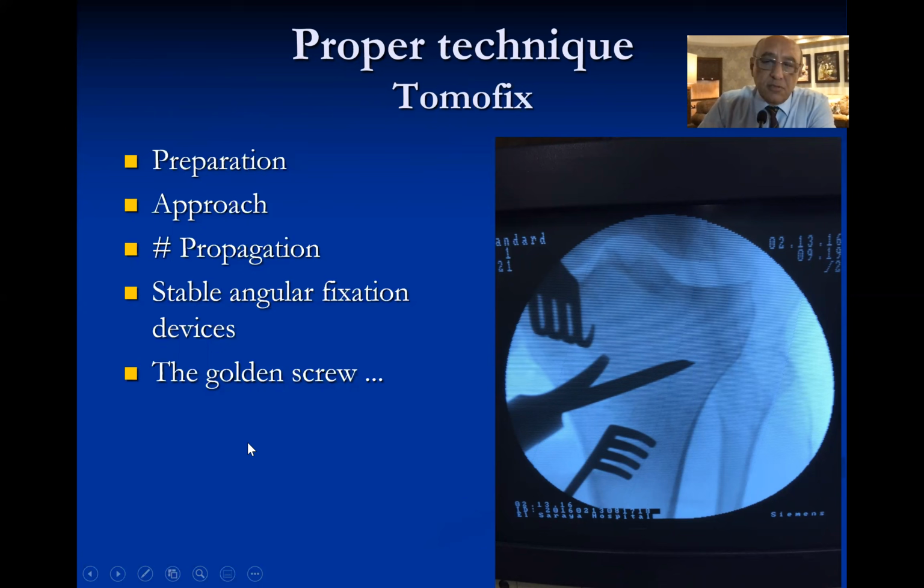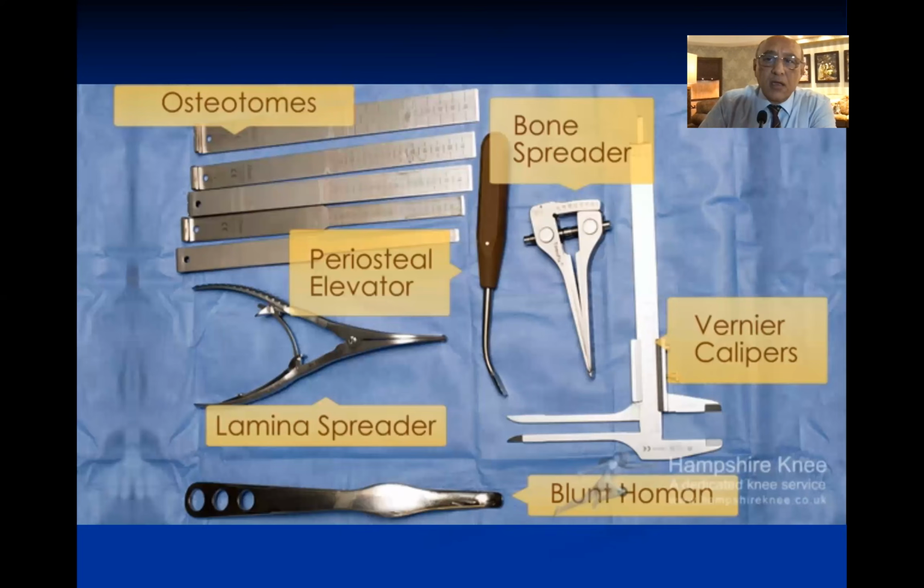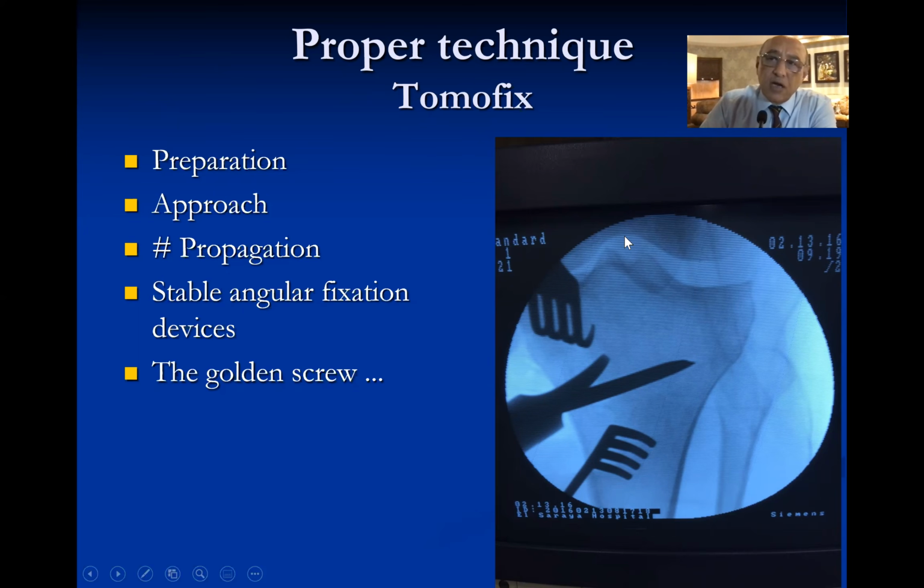In the preparation, you should prepare, sterilize and wrap the whole lower limb, if you use a sterile tourniquet. Then you mark the center of the hip joint, and you make sure that you can get a clear image of the hip, knee, and ankle, or the hip and knee, with good visualization of the knee in the AP and lateral views.